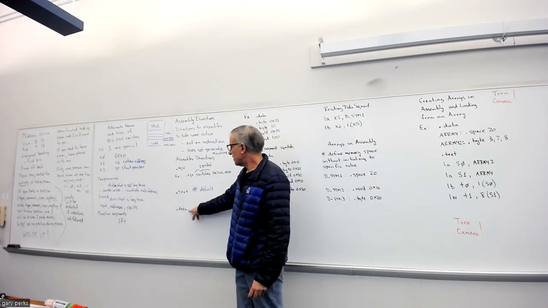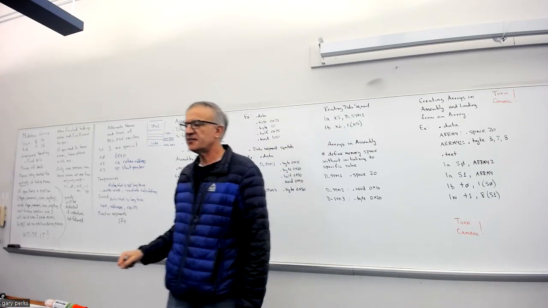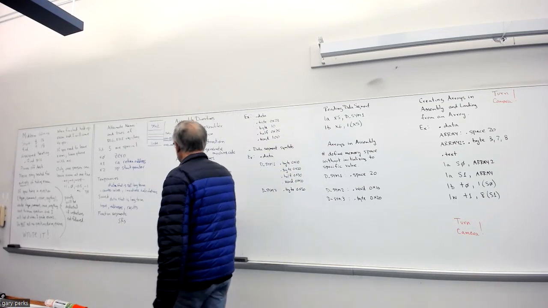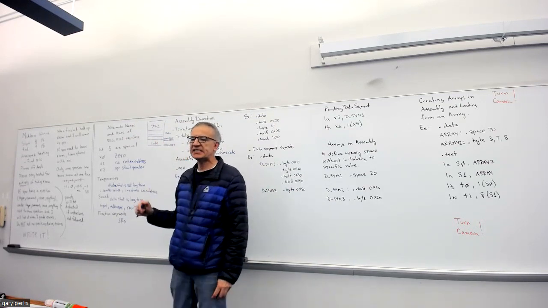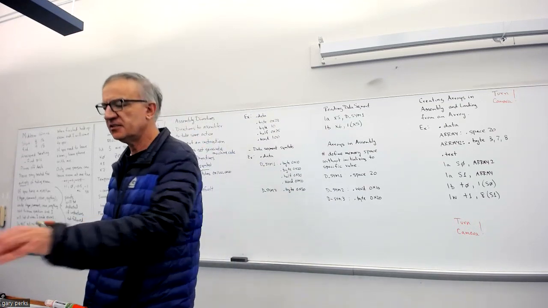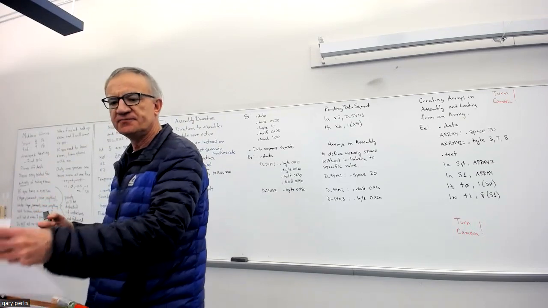Then we get to the .data directive, and this is a directive that tells the assembler that what follows has to do with the data segment of our real memory.